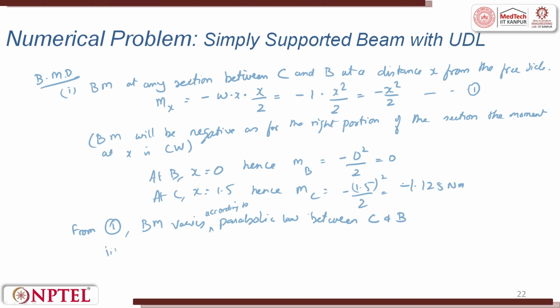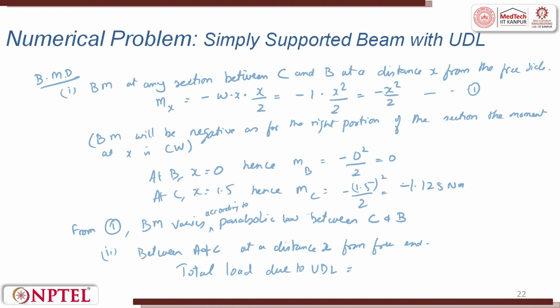When we try to do a bending moment between A and C at a distance x from the free end, the total load due to UDL is w into 1.5, which is 1.5 kilonewton.